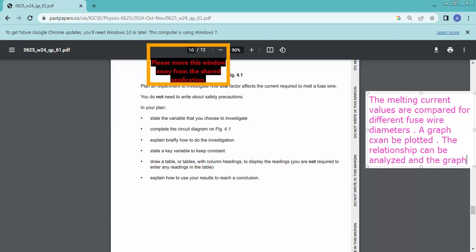A conclusion can be made about how the diameter of the fuse wire affects the current required to melt it.